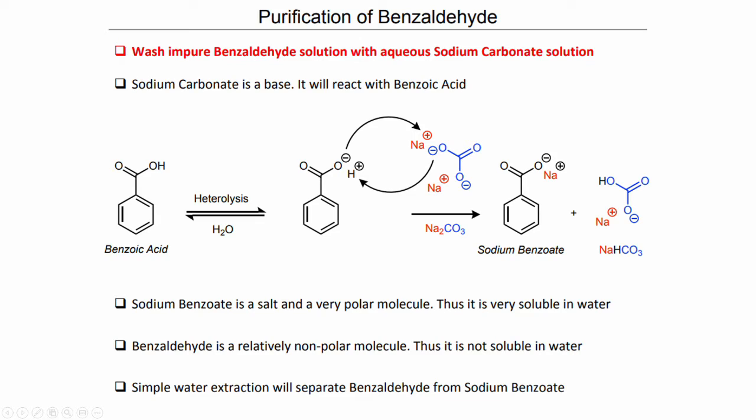What's good about this is sodium benzoate is a salt that's very polar, meaning it is very soluble in water, and because benzaldehyde is nonpolar, it is not soluble in water. We can use this to our advantage to separate our benzaldehyde from the benzoic acid. So we're going to be using a very simple water extraction to separate benzaldehyde from sodium benzoate.